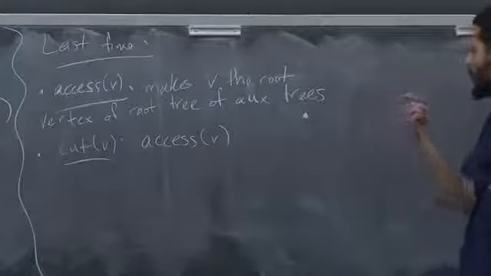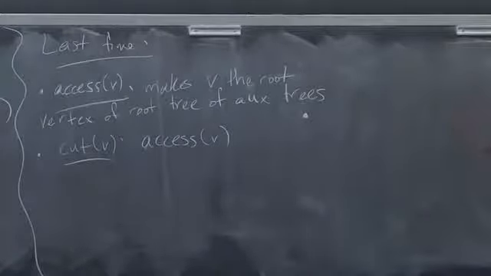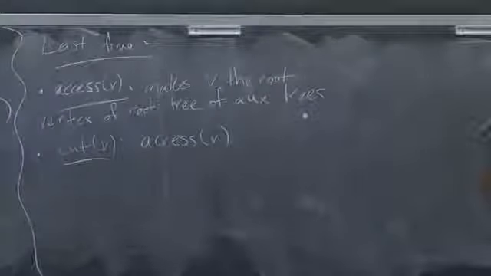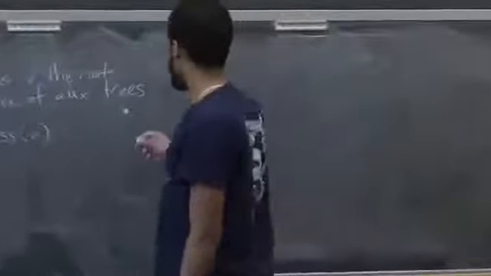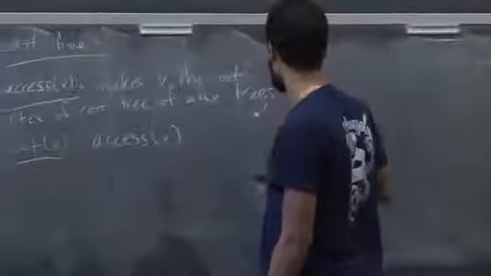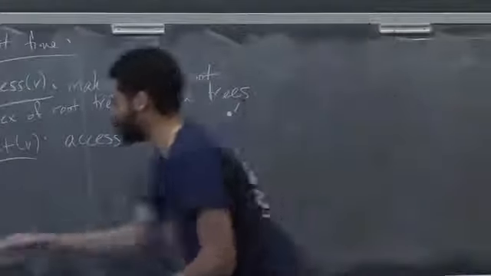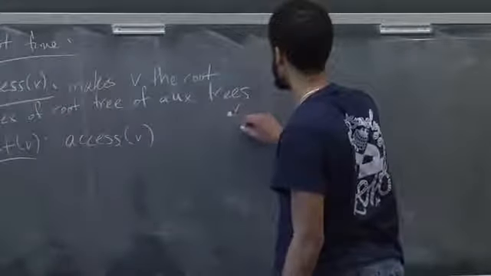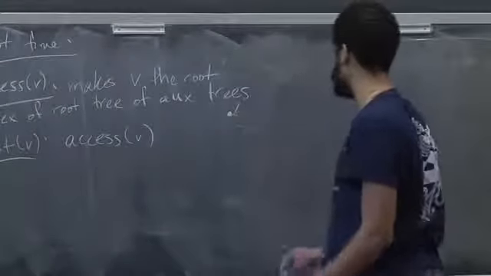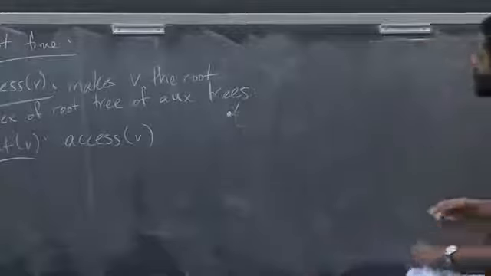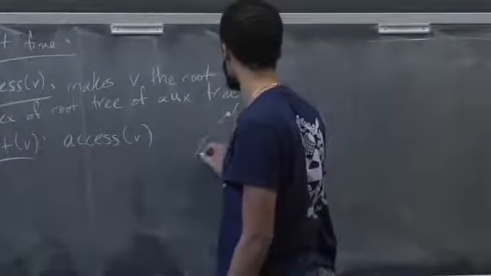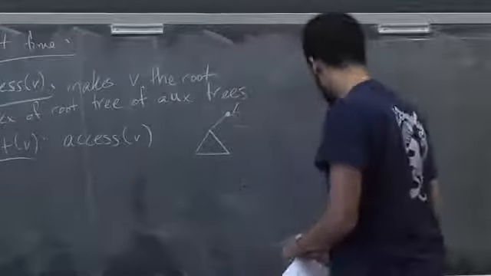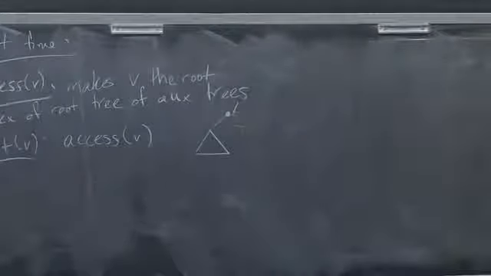If you remember, when you're accessed, you have no preferred child, because if you are the last vertex touched in your subtree, then you have no preferred child. So V has no right children here. Maybe V is the path parent to some nodes, but in its aux tree, it doesn't have any right children. And then it had some left children. And then we cut this.